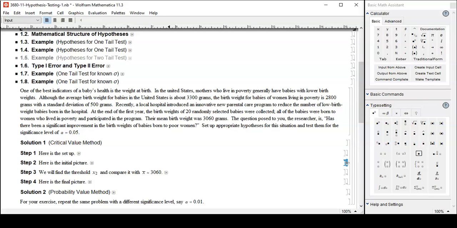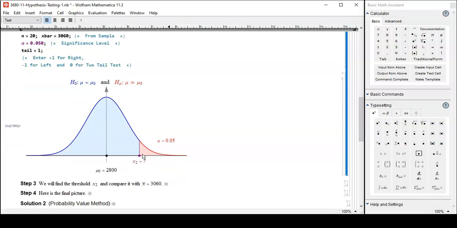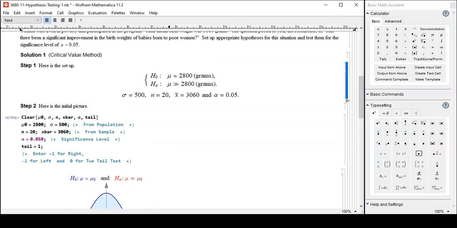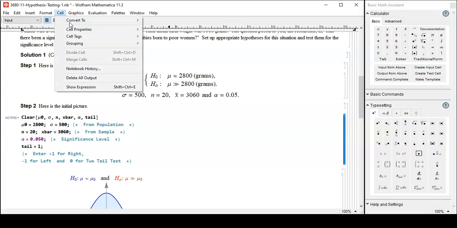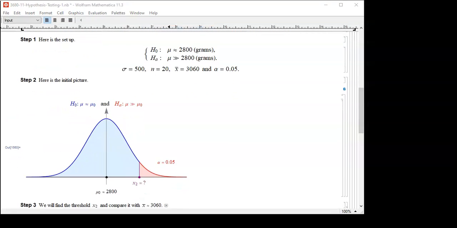So from the initial picture, the null, critical value, and then alpha, and then find out critical value using the Z computation. All right, and then compare.